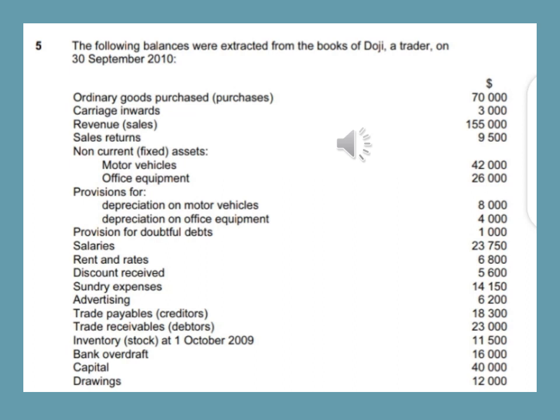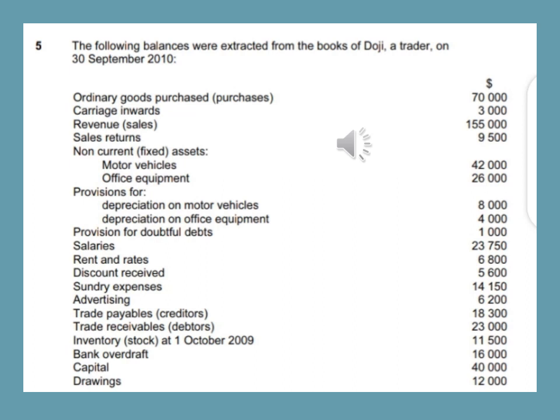And we will start with a bit of a revision. The topic that I've chosen for revision is the final accounts, income statement and balance sheet. The reason is that there will be a few topics that we'll cover in this class where income statement and balance sheet will be included.